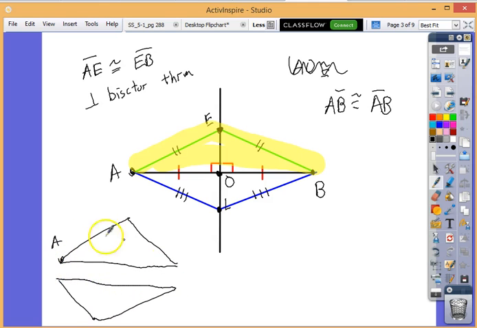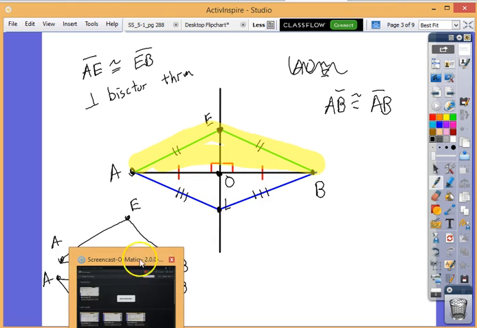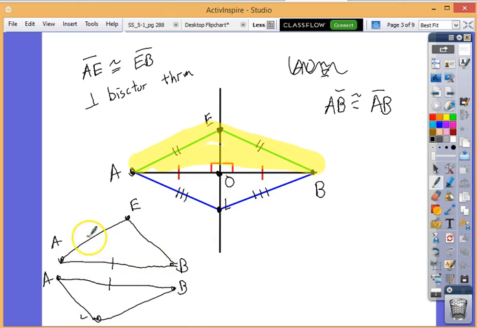So here's A, here's B, here's E, and here's L. And the only thing that we've said so far that I agree with is that that is congruent to that. Oh, by the way, we know that this is congruent to this, and this is congruent to this. Yeah, but those aren't congruent between both of them. That's just in that one triangle.